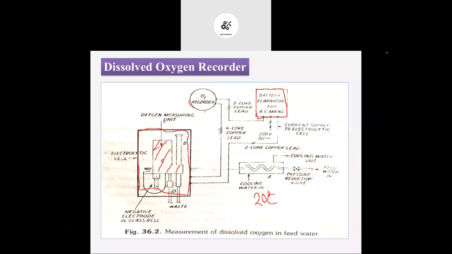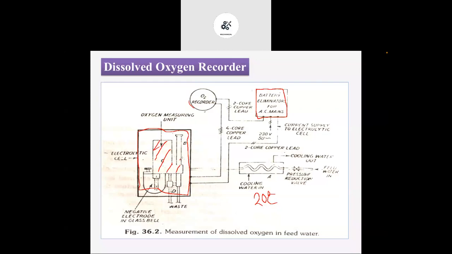Whenever a variation is present, it is shown by the indicator. This oxygen measuring unit is called a catharometer. The actual oxygen is measured in the catharometer.